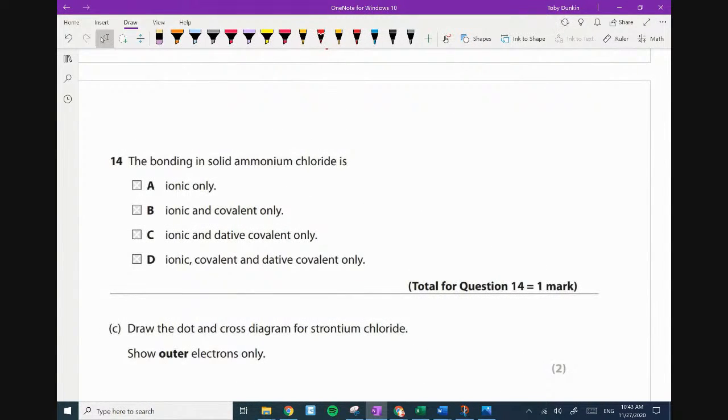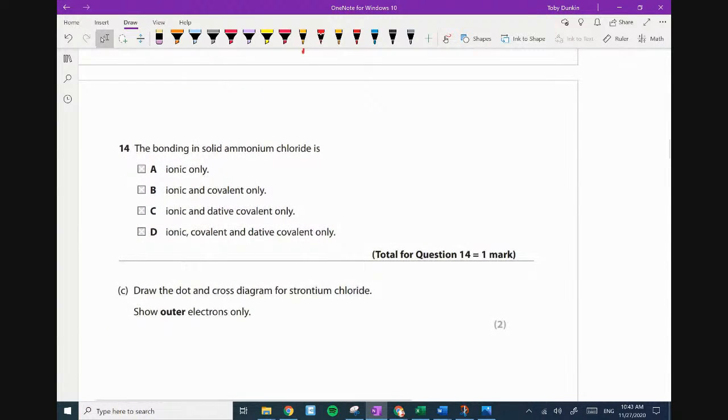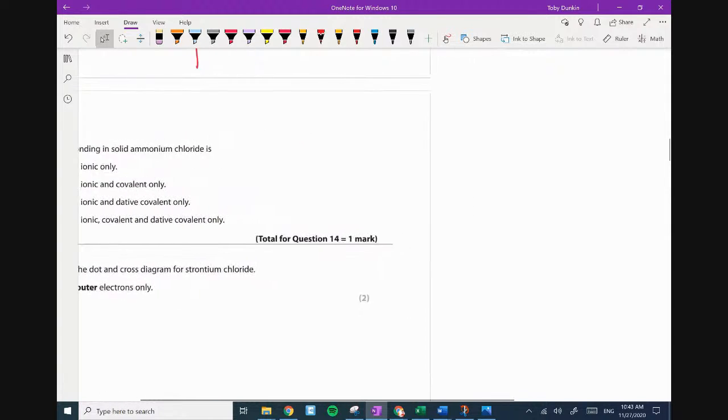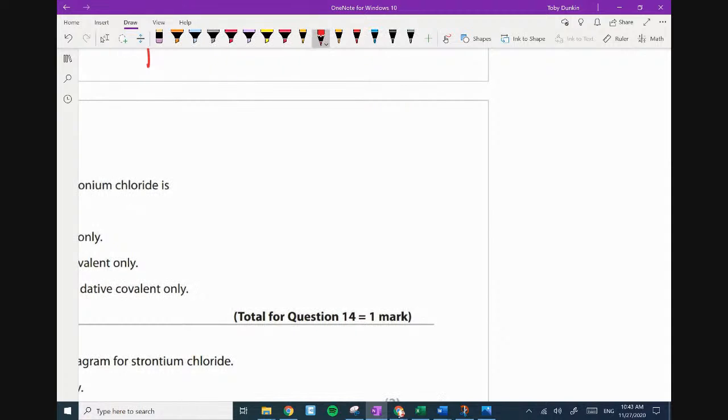The bonding in ammonium chloride is... oh dear. Guys, I'm really sorry. That's really tricky, because the answer is D. All of them. The bonding in solid ammonium chloride is everything.